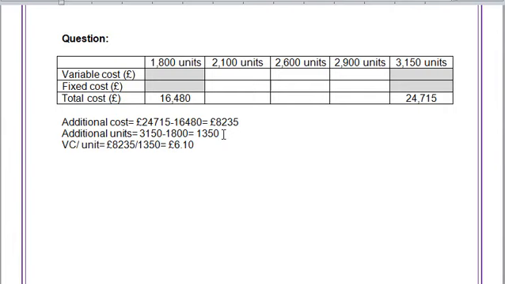The additional units that you made cost us an additional £8,235. The cost that is moving is a variable cost. The fixed cost does not move. So the additional cost is purely variable cost, and that additional cost has made us make 1,350 units. That means that the cost per unit for variable cost is £6.10p.